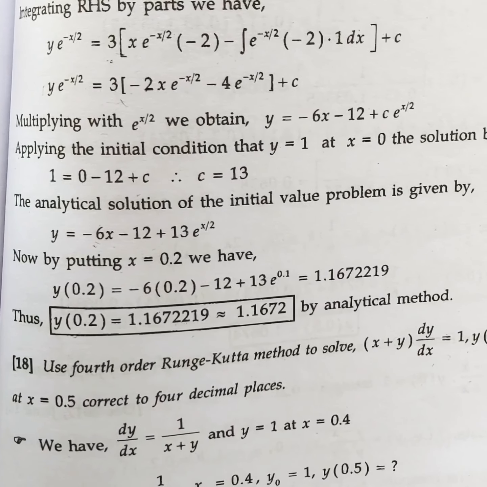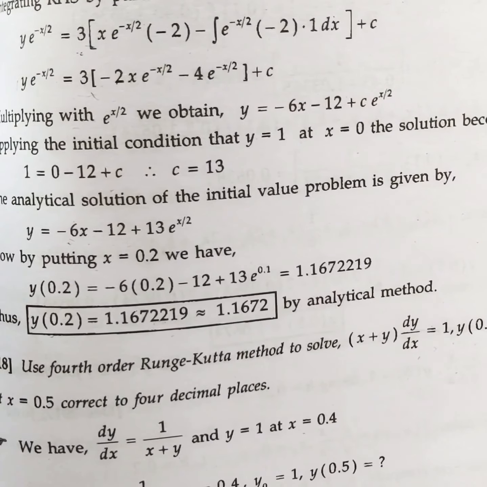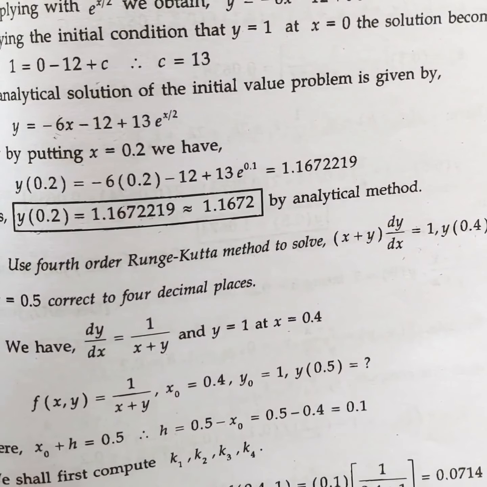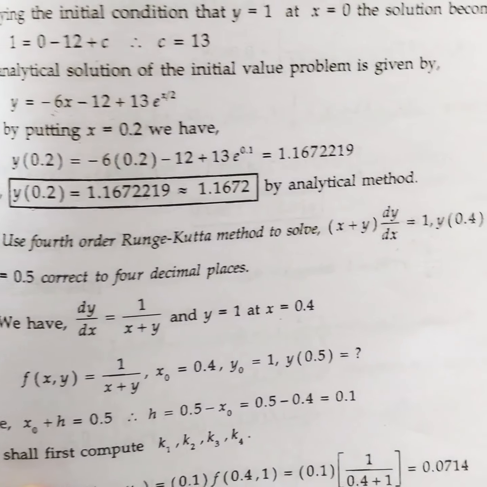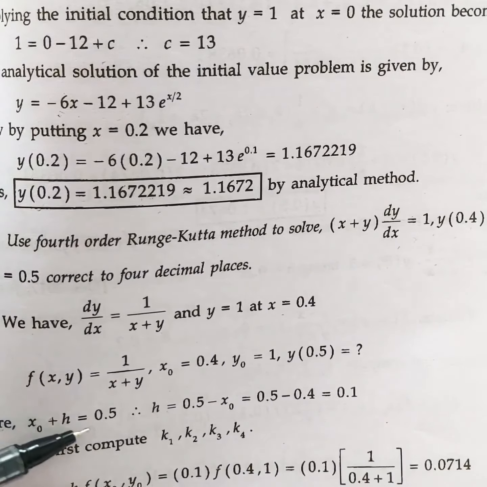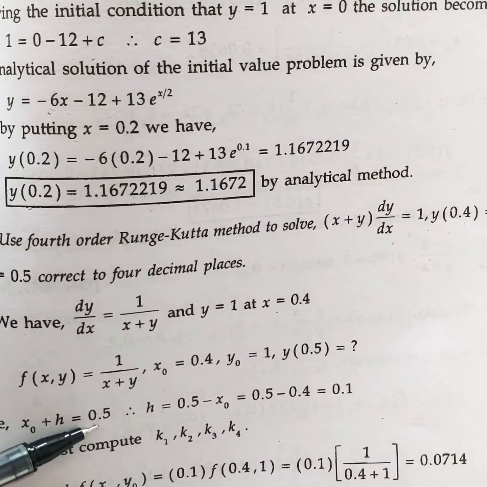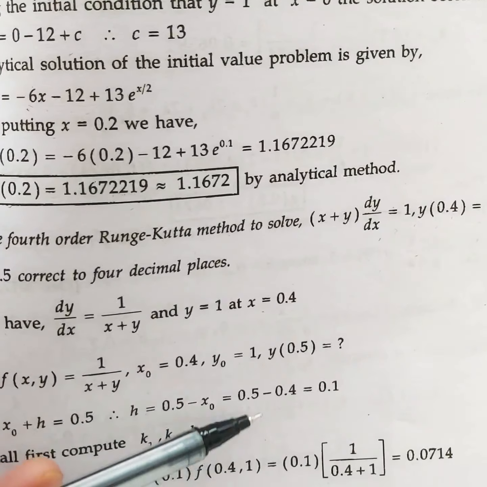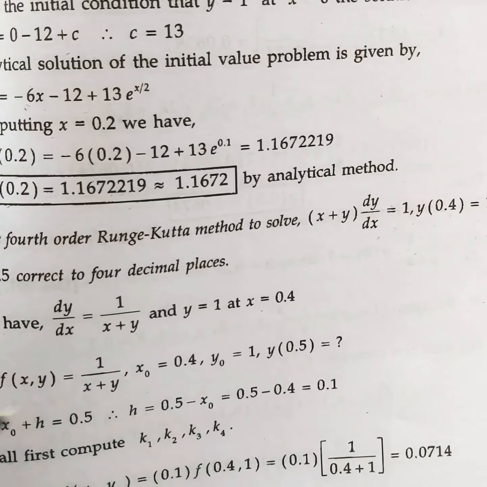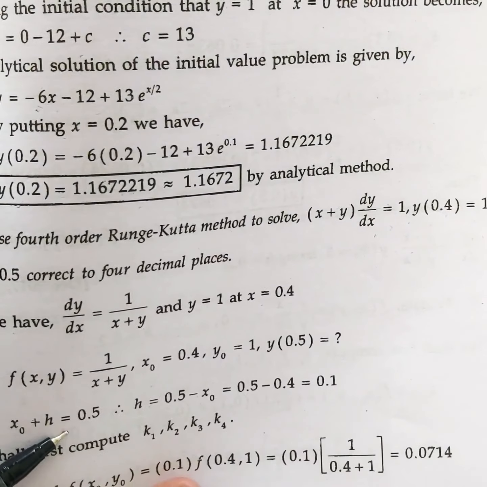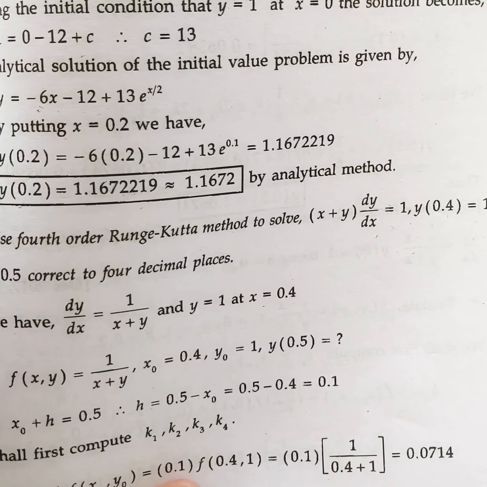So, what is going to be your h? Guess your h. H is nothing but always the next point, right? The difference between the previous point and the next point. So, they have given that x naught plus h is equal to 0.5, correct? So, h is equal to 0.5 minus x naught. So, 0.5 minus 0.4, that is 0.1. Always x naught plus h is at which you have to find the value, because they have asked find y at x is equal to 0.5.